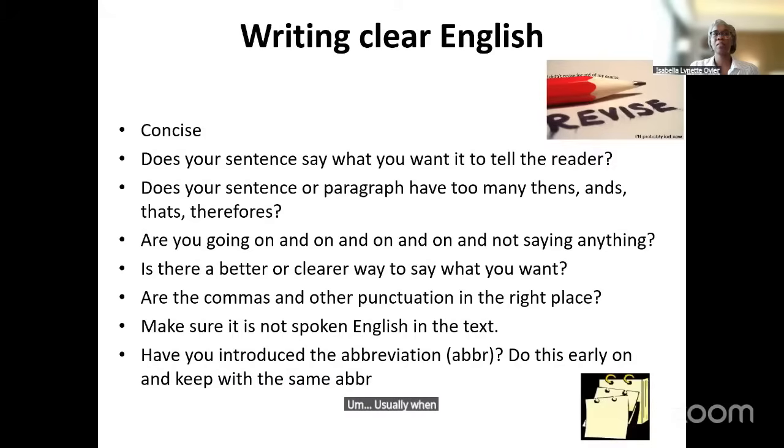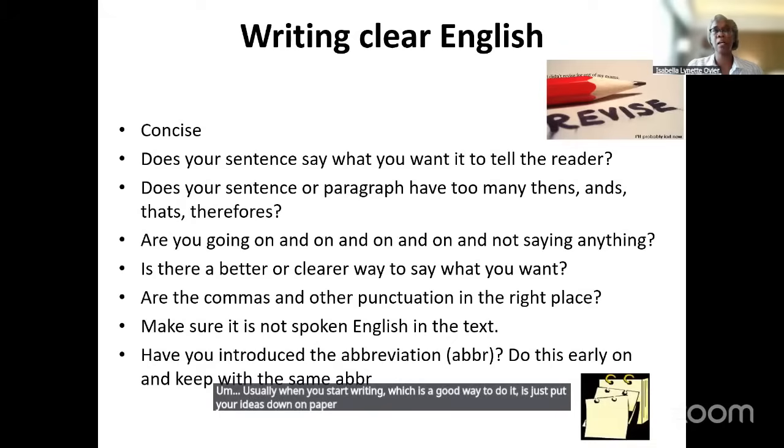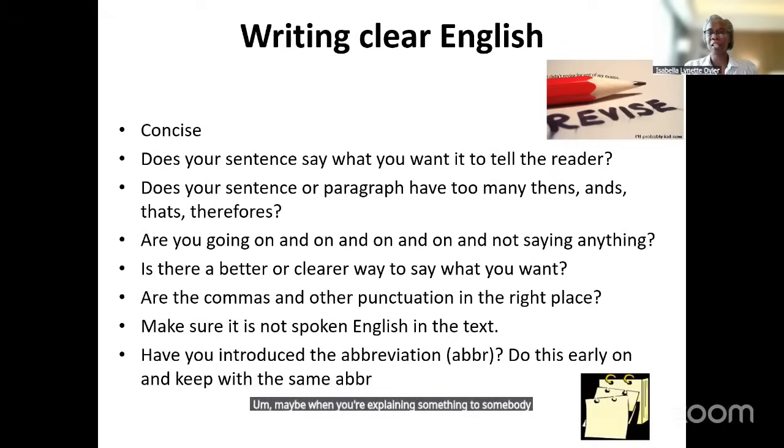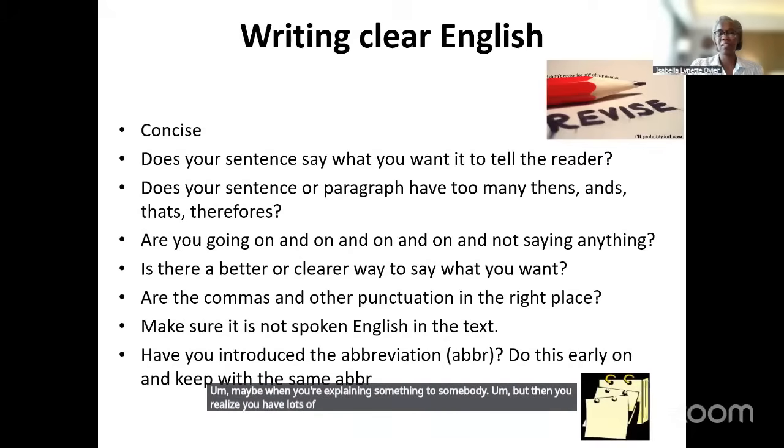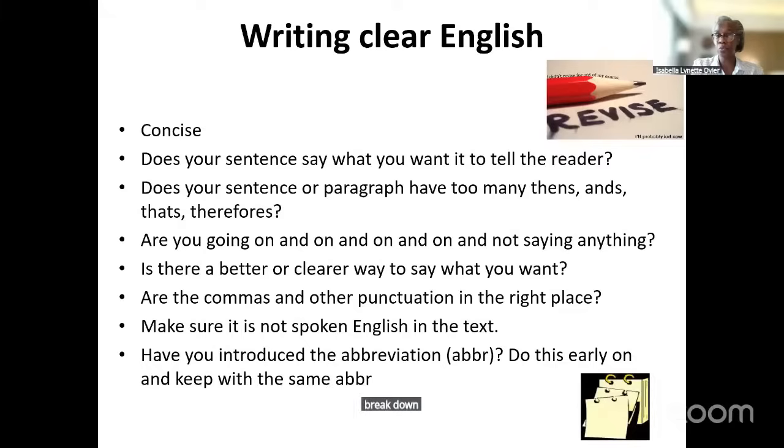Usually when you start writing, a good way to do it is to just put your ideas down on paper first. That would come across as how you would speak, maybe when you're explaining something to somebody. But then you realize you have lots of repetitive words in the sentence, which break down or dilute what you're trying to say.